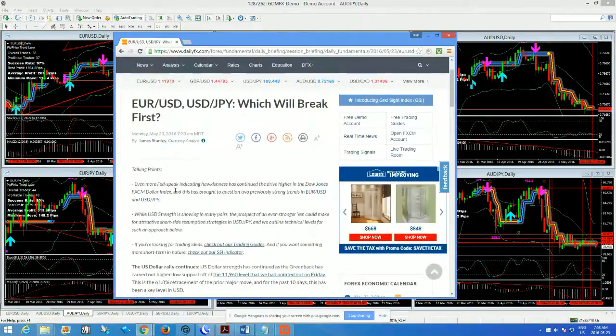even more federal, so the federal government in the United States is hawkish, meaning they're considering raising interest rates, which would show a lot of strength in the U.S. dollar.